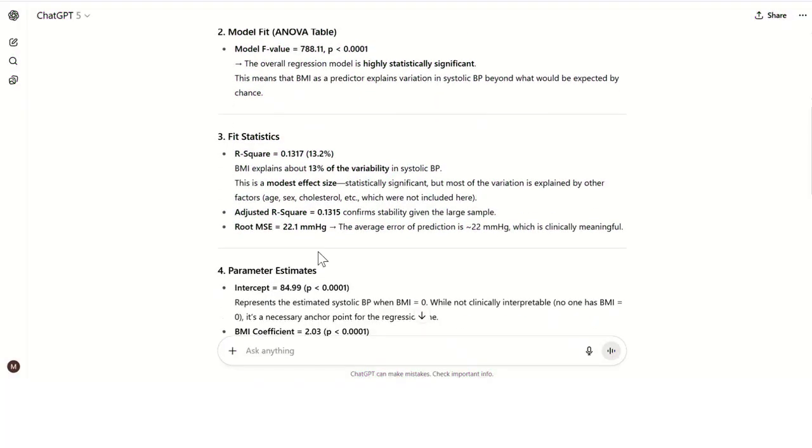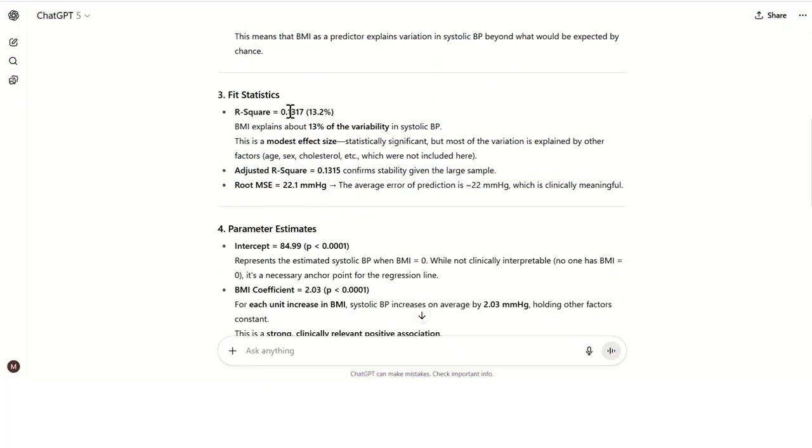Okay, R square is 0.1317, which means that 13% of the variability in systolic blood pressure is explained by BMI. Pretty modest. We do not get even 50% R square in health.